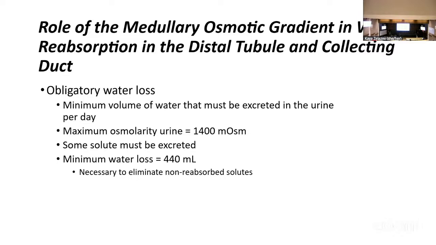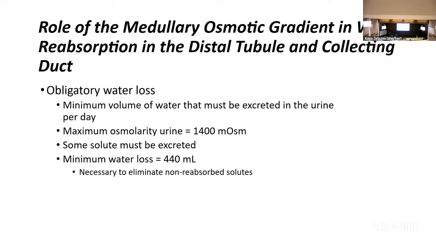So that's another good reason for not removing all the water that exists in your nephron, because then you just have chunks of solute, chunks of whatever waste products you're trying to excrete. So we need some water volume in there to efficiently remove all the waste that your body is producing and putting into the blood during the day.